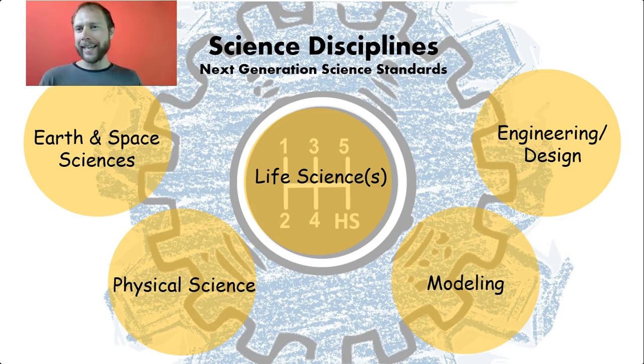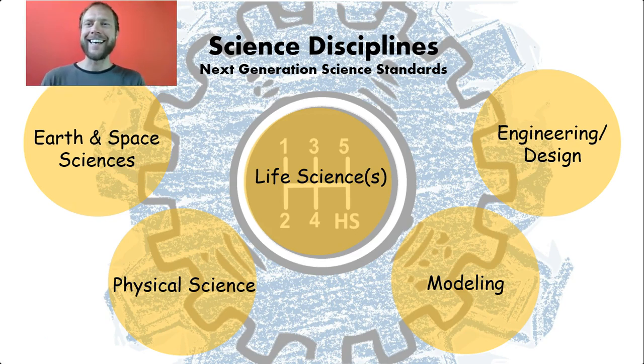Also, just pointing out again, right, that these standards are broken down by grade level. They're broken down by discipline, as you might say. And I think we saw this list in the last video. Just to refresh, there's earth and space sciences, life sciences, engineering, design, physical sciences, and modeling, right? So each of these is a different discipline, and each of these is going to have a number of core ideas associated with the performance expectations at different grade levels, right?